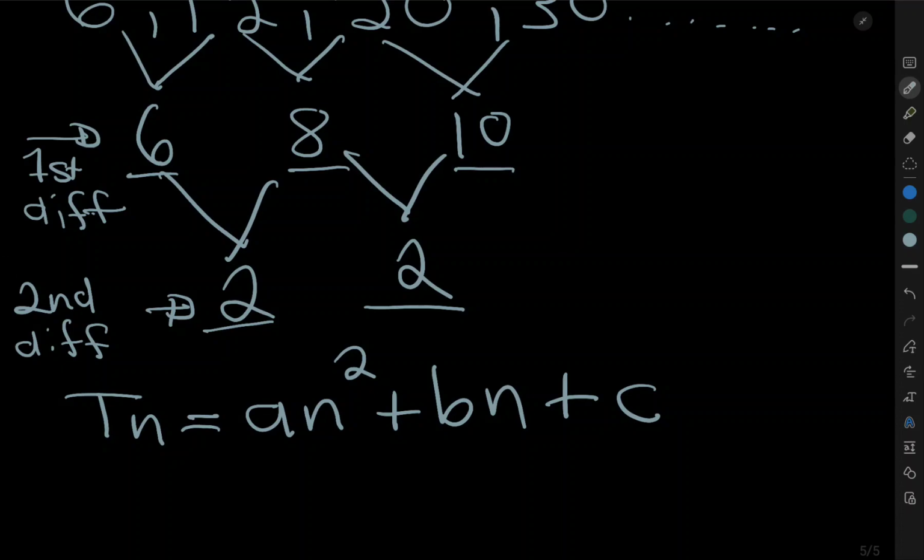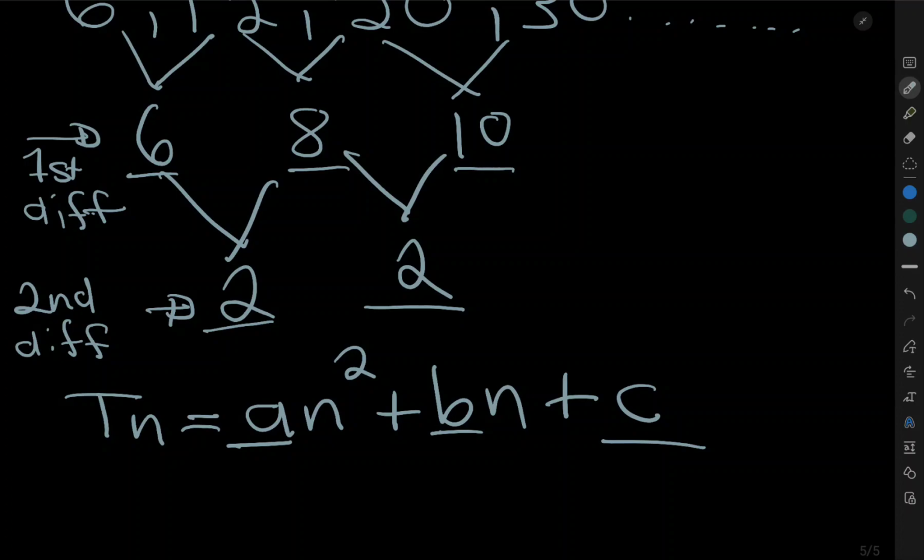For us to use this formula, we need to determine the values of a, b, and c. There is a series of steps that we need to apply in order to determine the values of a, b, and c.